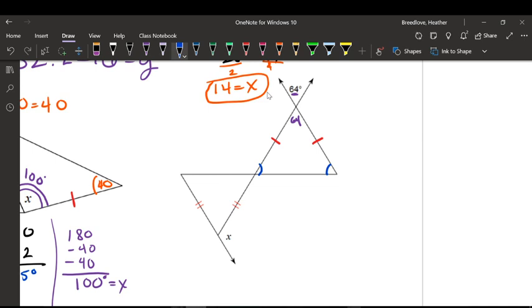So to find out what the base angles are, I say 180, subtract the top one, minus 64, gives me 116, and I have to split it evenly between those two angles. So I divide by 2, and it's 58. So this one's 58 degrees, and this one is also 58 degrees.